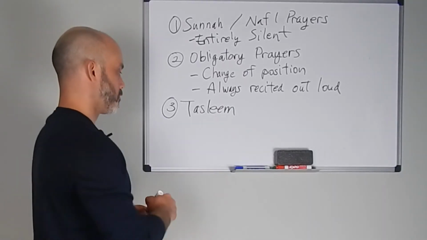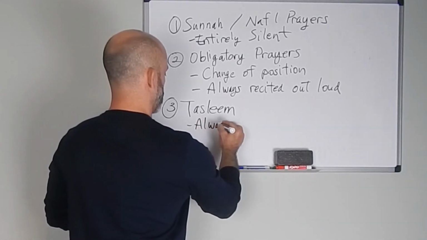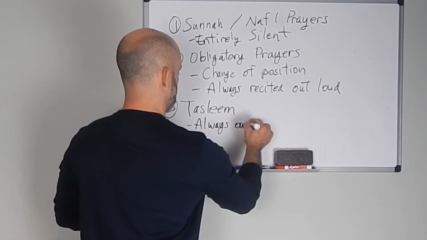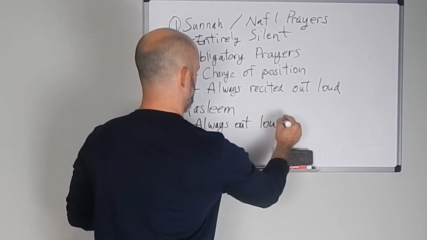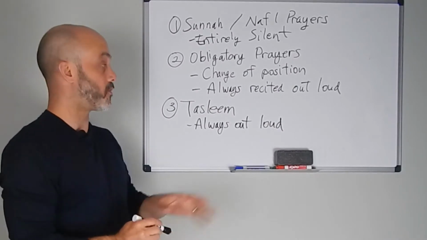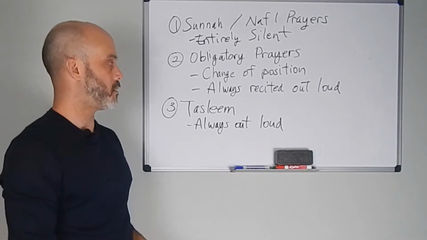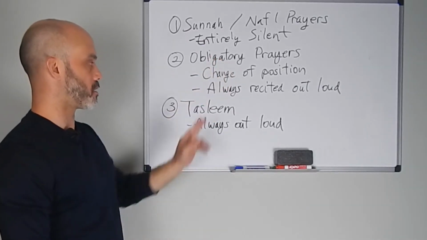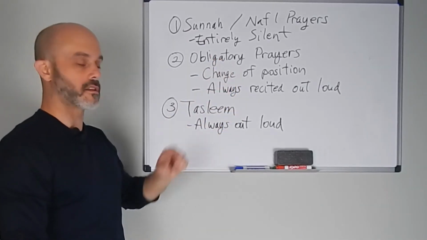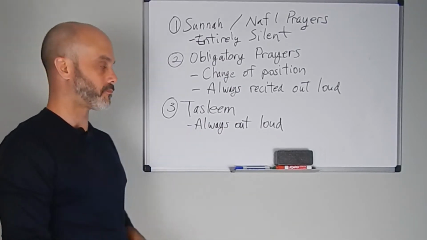That one is always out loud for the obligatory prayers. Now remember, for the non-obligatory prayers, even the taslim is silent. But for the obligatory prayers, changes of position and the taslim are always recited out loud.